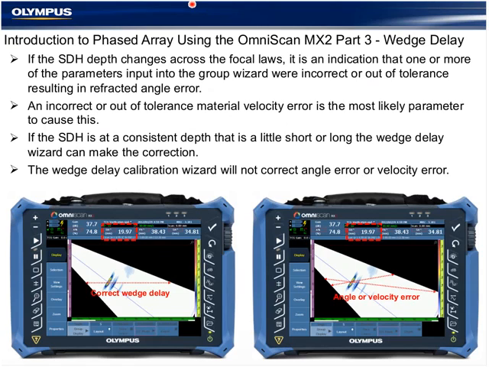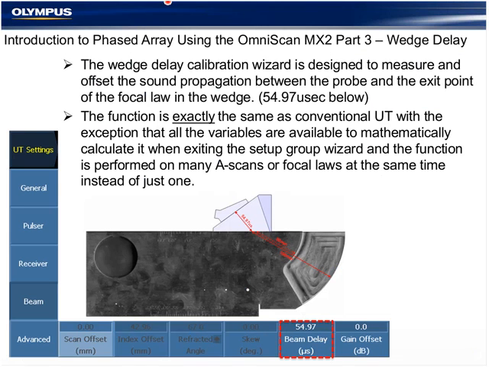The wedge delay can use a side drilled hole or a radius. If the side drilled hole depth changes across the different focal laws, it's normally an indication that a parameter from the calculator is incorrect. If the side drilled hole is at a consistent position and straight and flat, it's an indication that our initial setup was very, very close.